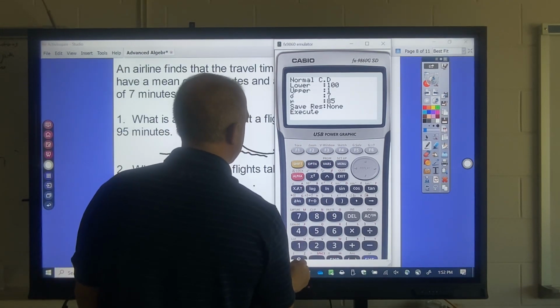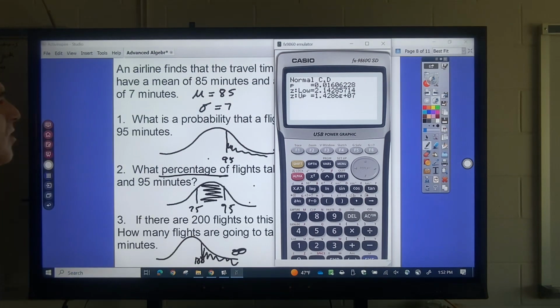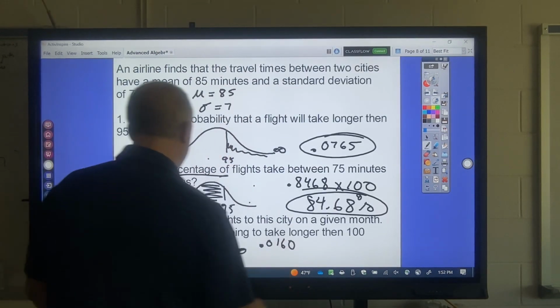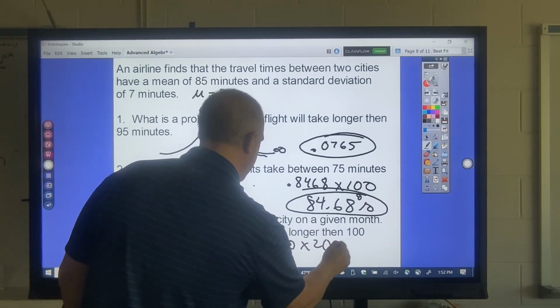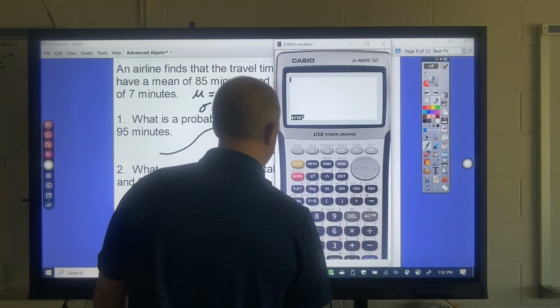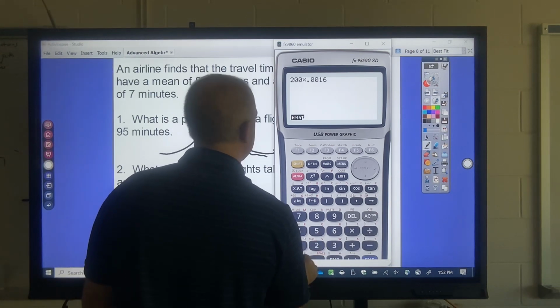This is going to be one of these big numbers here. I got 0.0160. So they're saying there are 200 flights. I'm going to multiply by 200. So 200 times 0.0160.